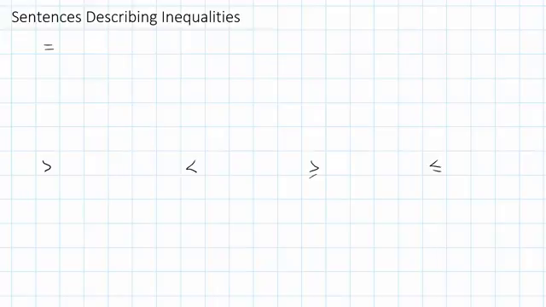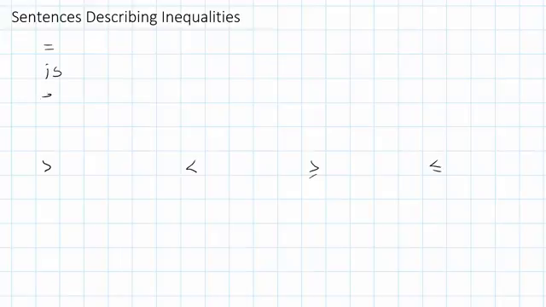So the difference between a sentence describing an equation and a sentence describing an inequality is also going to be the verb. In an equation, we have, of course, just the verb "is" by itself.